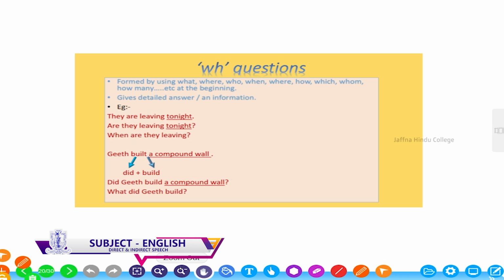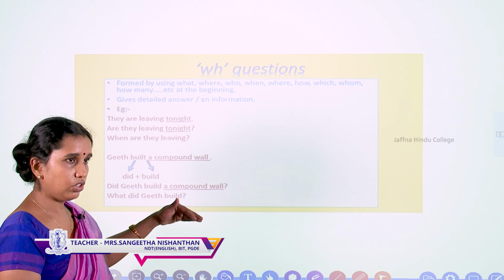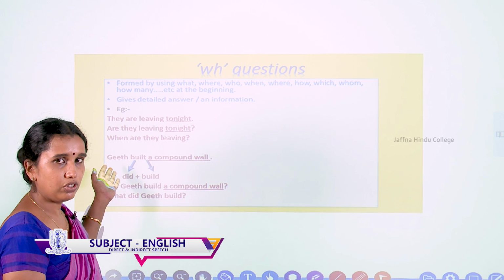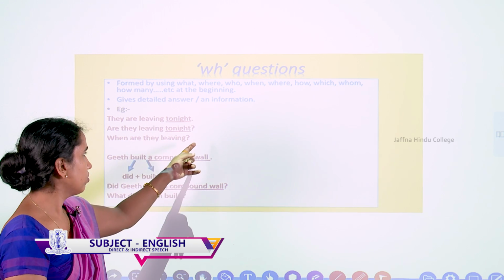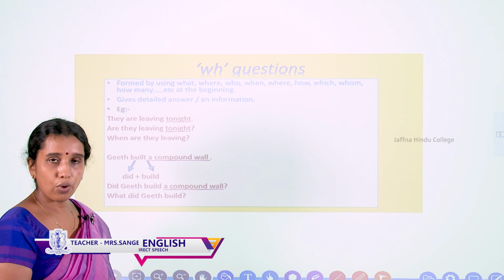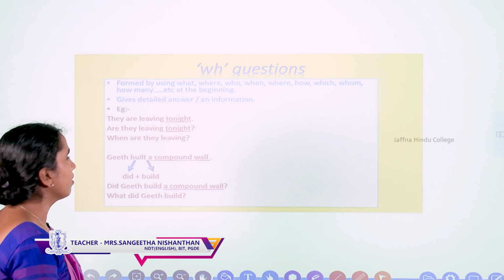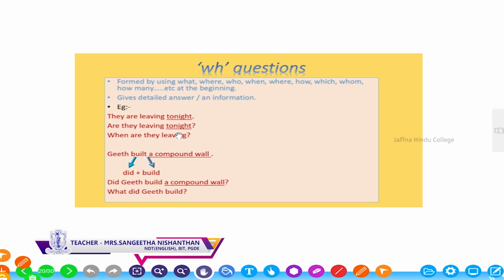Change this into a yes or no question: Are they leaving tonight? Now the answer is tonight. We remove it from the yes or no question and write the WH word at the beginning. The WH word for this answer is when. So, when are they leaving?